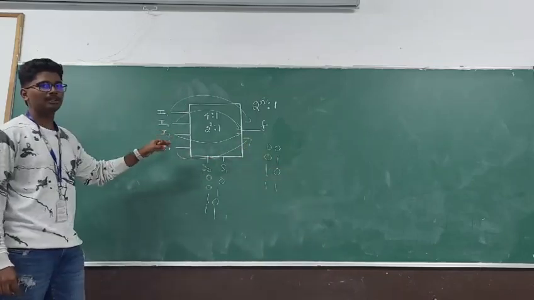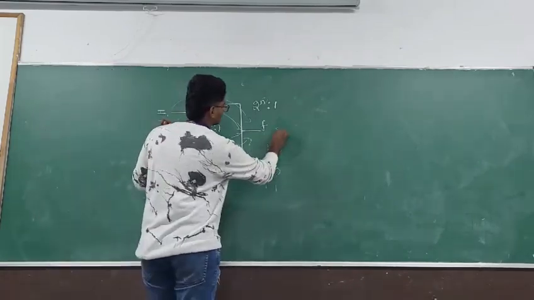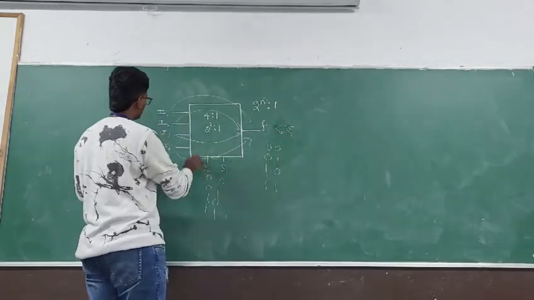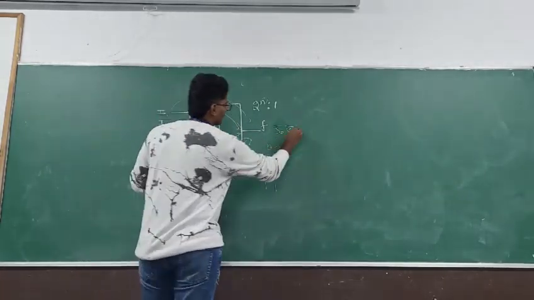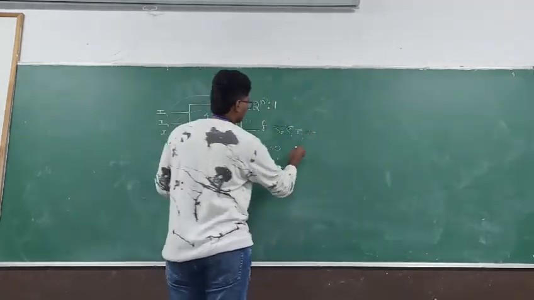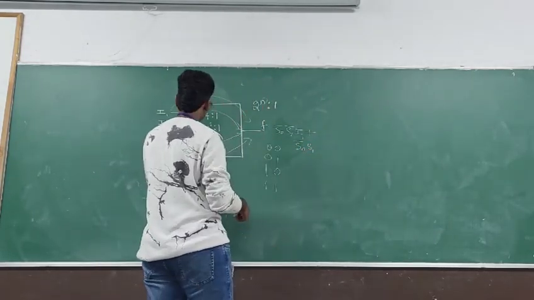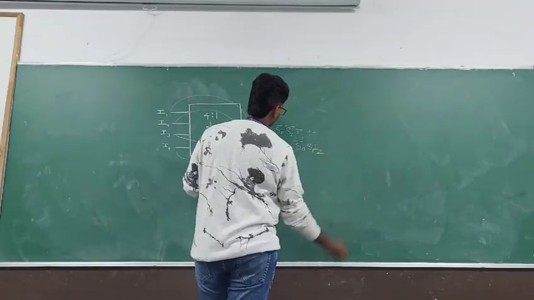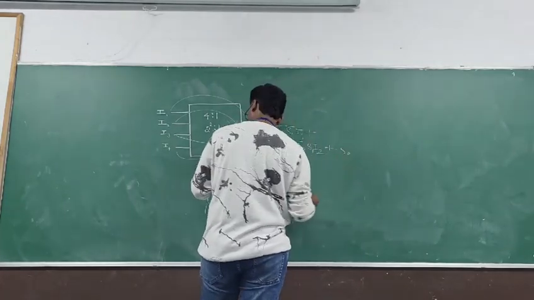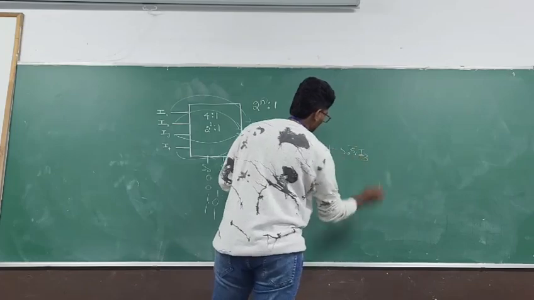So we can represent this multiplexer in a Boolean expression like S0 bar S1 bar I1, that is, if I send 0, 0, then input 1 will be selected, plus S0 bar S1 I2, then input 2 will be selected, plus S0 S1 bar I3, I3 will be selected.